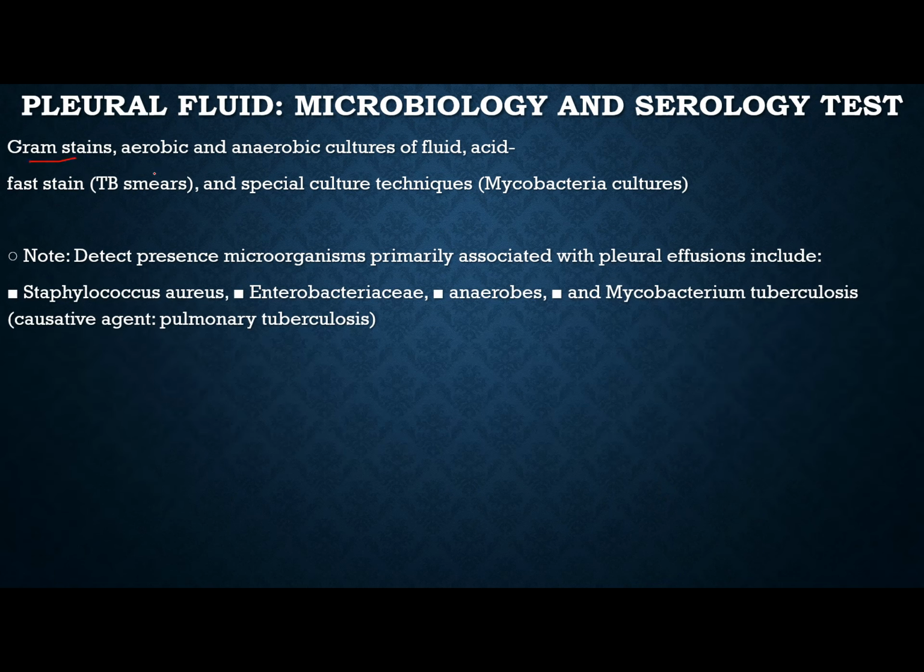So gram stains with aerobic and anaerobic cultures of acid fast stain. So mga TB class and special culture techniques, mycobacterium culture. Detect the presence of microorganisms primarily associated with pleural effusions, such as Staph aureus, Enterobacteriaceae, anaerobes, and MTB, which would cause your pulmonary TB.